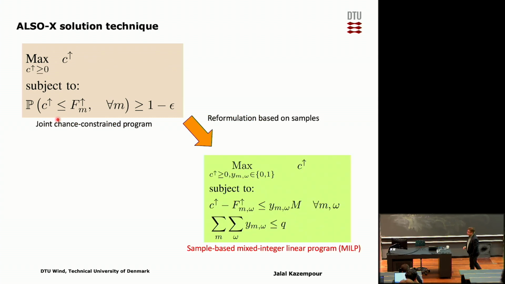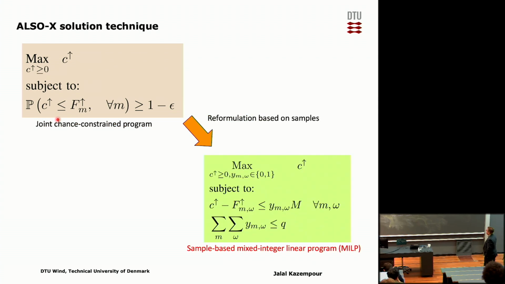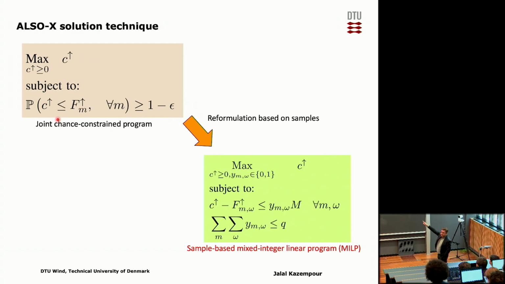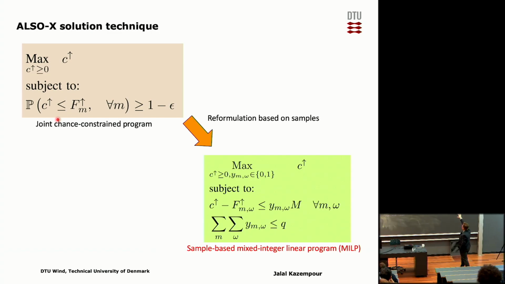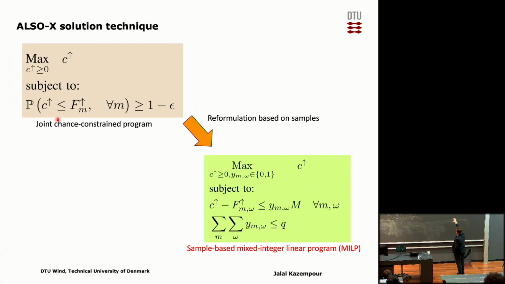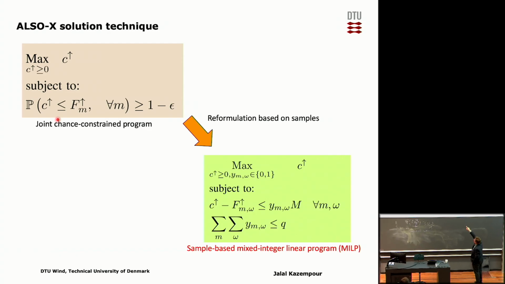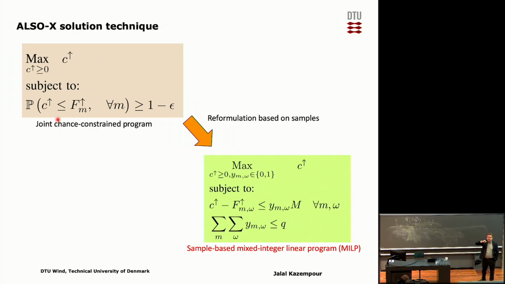So could you please check it for a minute and tell me whether you agree that, or let me reword. This MILP problem is a stochastic mixed integer linear program, a sample-based reformulation of the original chance constraint program.